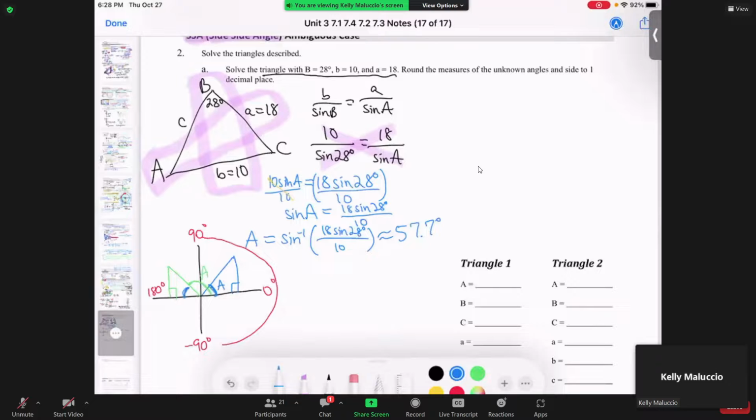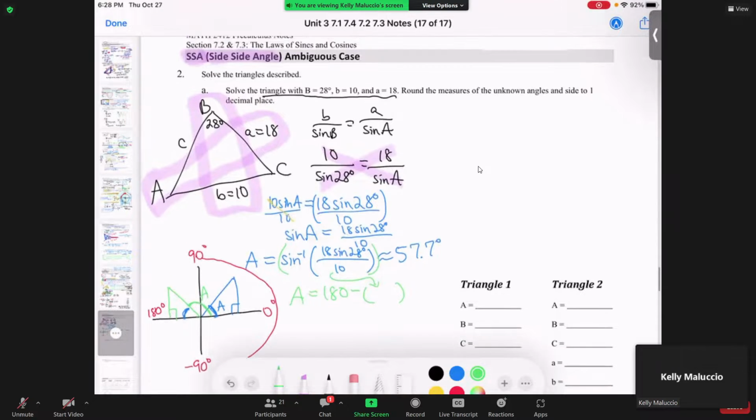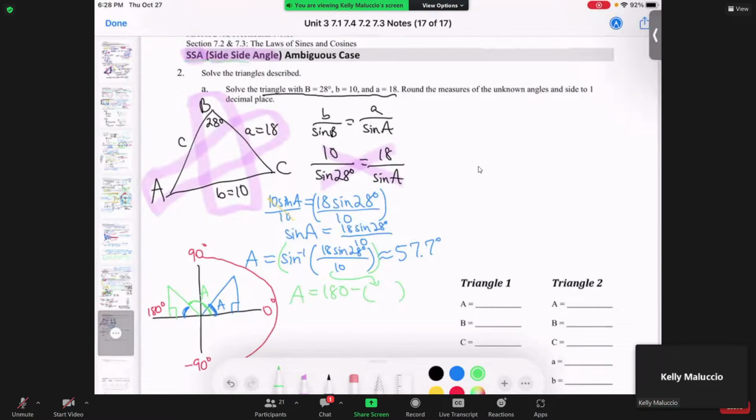So to find the green A, we would do 180 minus this entire thing. We don't know. This is what I'm talking about: if you have side-side-angle, it's pretty much the worst case.